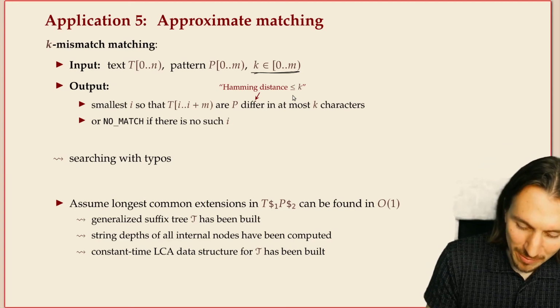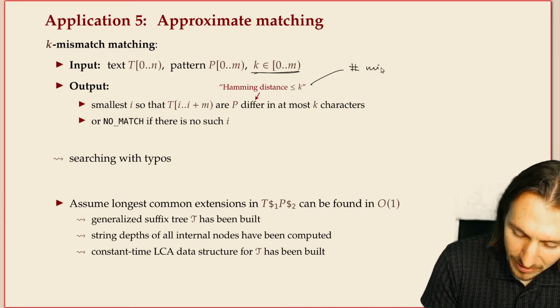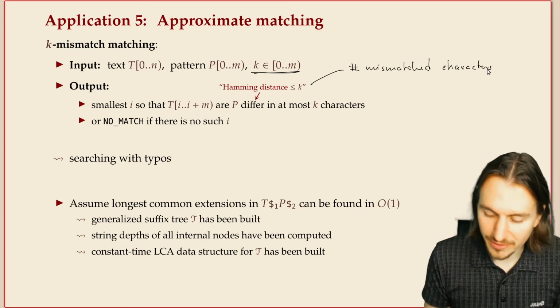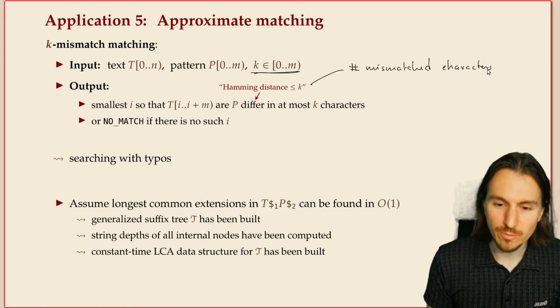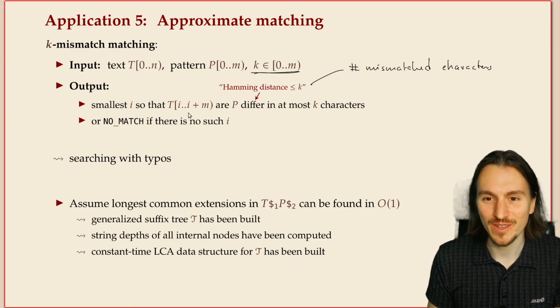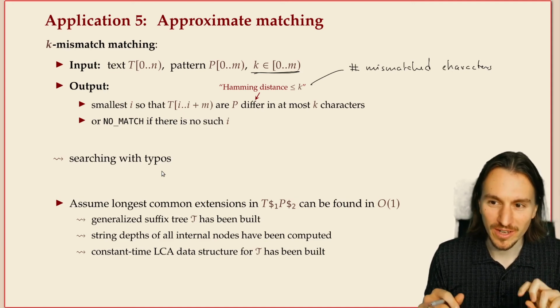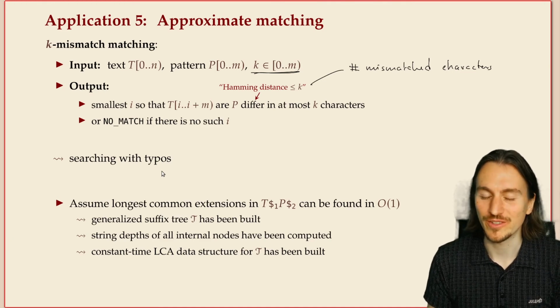And so Hamming distance, that's just counting the number of mismatched characters, the number of positions where the characters are different. Okay. If there's no such match, no such position where we can find something within Hamming distance k, then we report no match. Otherwise, we report the first occurrence. So in a sense, it's like searching with typos. You can substitute one letter for another, and it will still find the occurrences in the text.